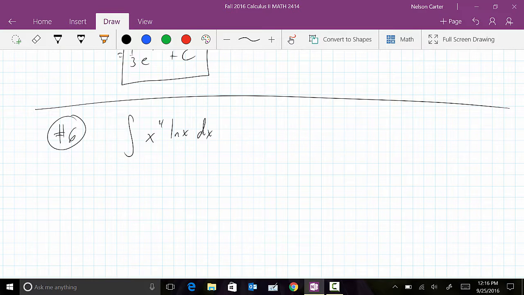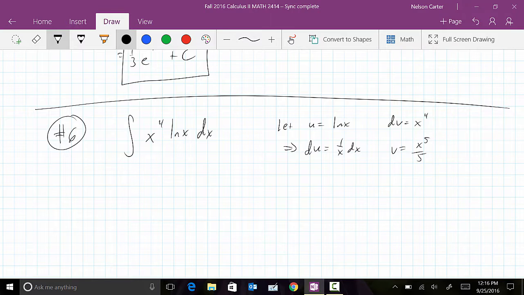So we're going to let u equal the ln of x, which implies that du is 1 over x dx. Now dv would be x to the power 4, and that means that v is x to the power 5 over 5.